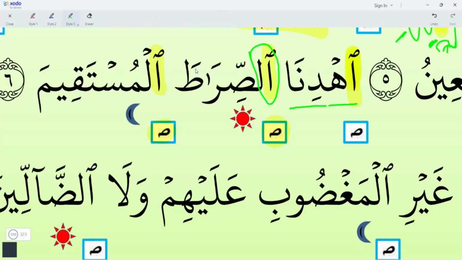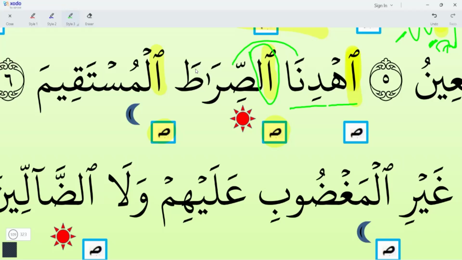So before as-sirat, there is a word, so we will not pronounce Alif and Lam. Ihdi nasirat: the noon we will pronounce with the next letter.